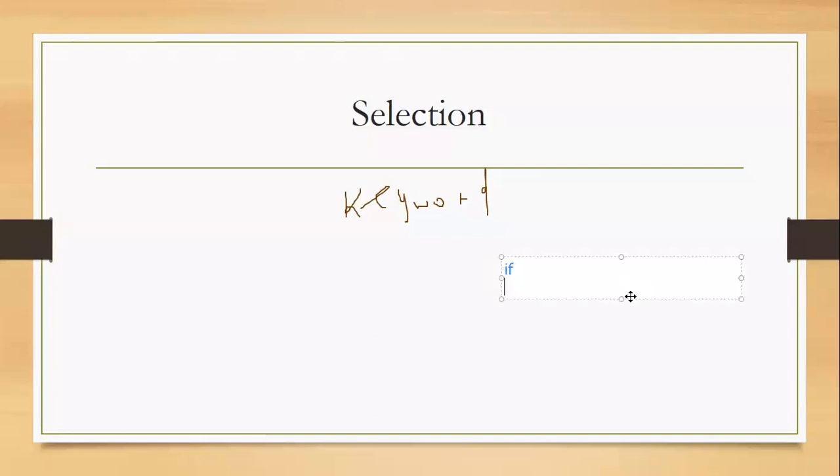So we use if, and then when we say if, we put a condition. I'll give a syntax. We use if, we put a condition, and then a colon. Then the next statement will be indented.